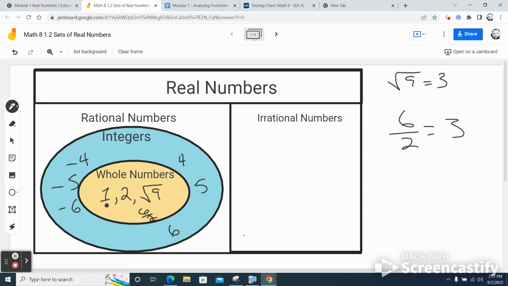Now, rational numbers include integers and whole numbers, but they're also written as fractions. So a rational number could be something like 37 over 4. It could be a fraction. It could be 3 over 4. It could be negative 5 over 2. Be sure you write this down in your notes. Okay?